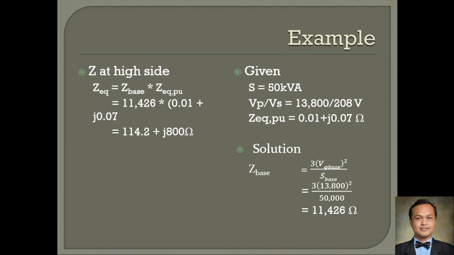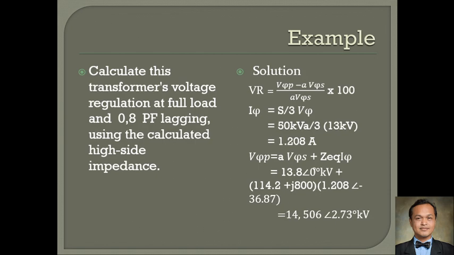To expand the problem, we're going to compute the voltage regulation at full load with a 0.8 power factor lagging using the calculated high side impedance. For the solution, remember that the voltage regulation is equal to the primary phase voltage minus the secondary phase voltage, over the secondary phase voltage, times 100.